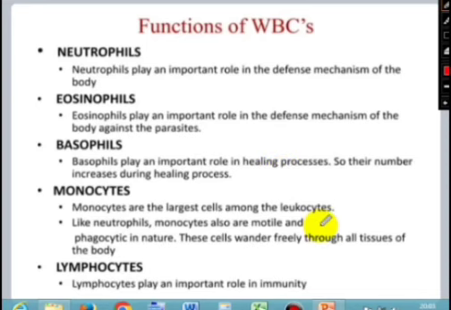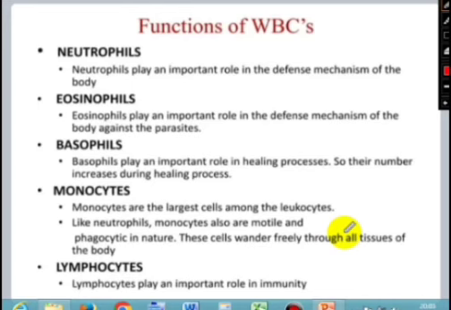Monocytes are larger cells among the leucocytes. So just like the neutrophils, the monocytes are also very motile, that is, they move. And they play phagocytic roles. Phagocytosis simply means cell what?